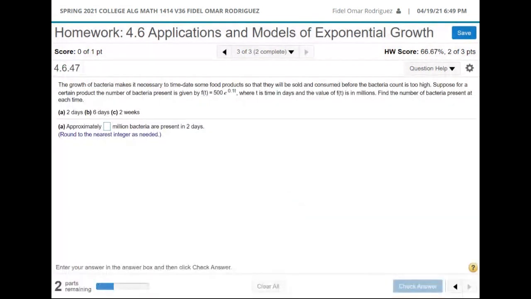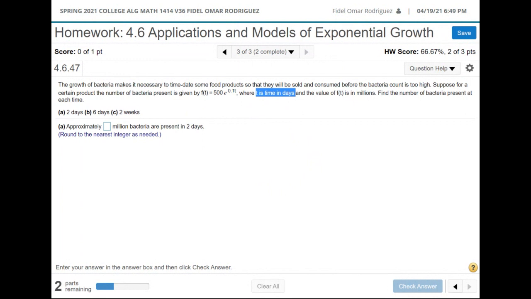So again, you can see, guys, that the problems are pretty much the same type, right? And I'll give you a hint on this last one. I want you to notice what T stands for. T stands for the time in days, right? So when I look at part A, it's 2 days.